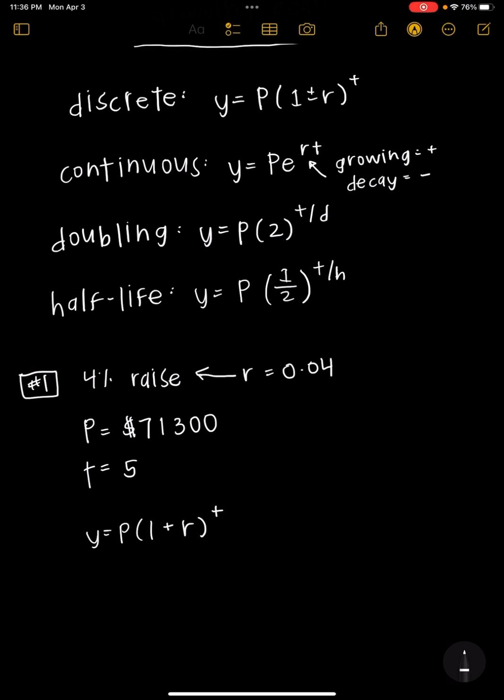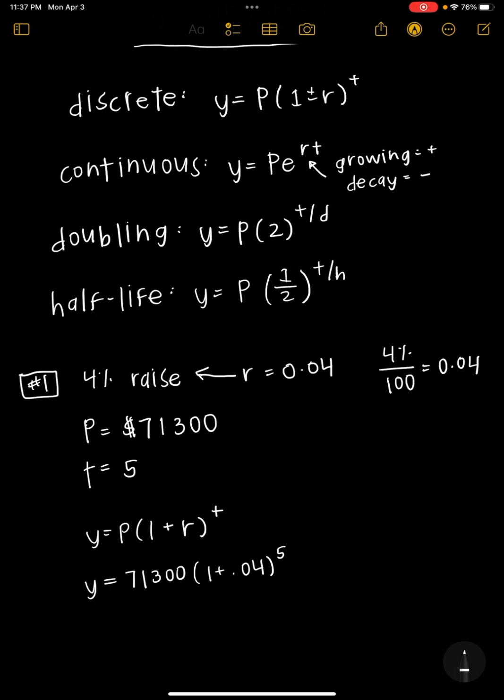Basically, if you have a hard time with this, you take your percentage, so 4%, and always divide it by 100 to get your decimal, which is what happened there. Okay, so when I plug all of those values in here, I get y is equal to 71,300 times 1 plus 0.04 to the power of 5.